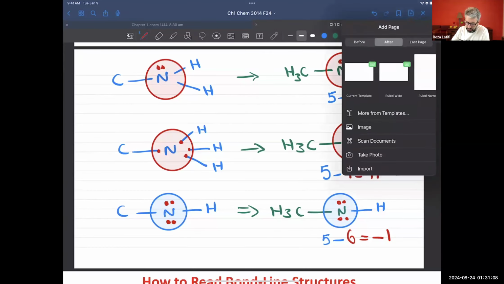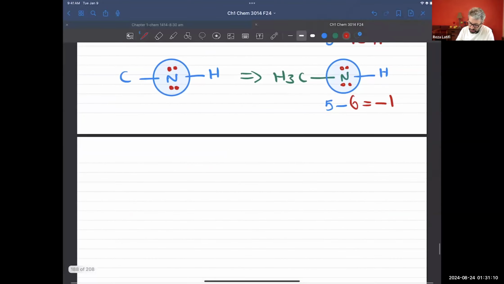And last one. How about this one? In this case, carbon is not octeted, so let's add 1 hydrogen to carbon. How about nitrogen?